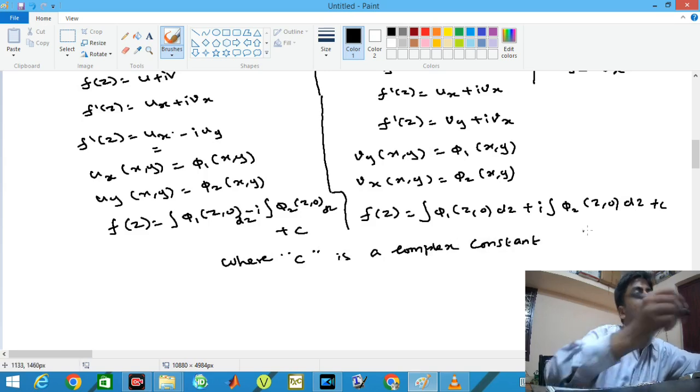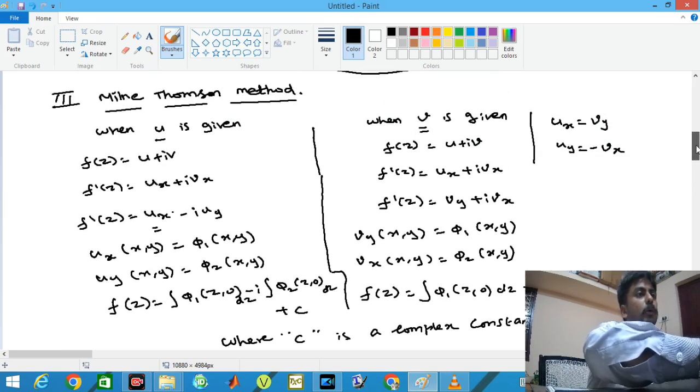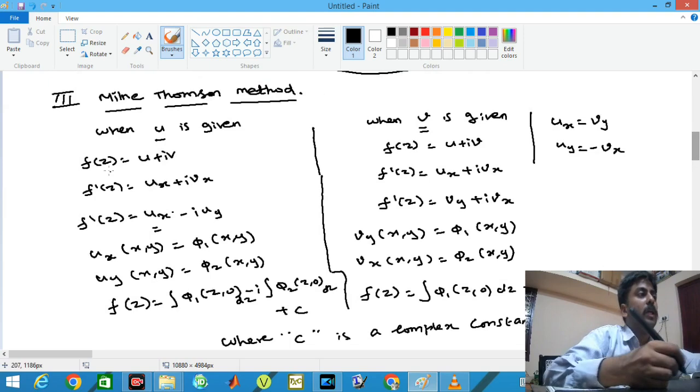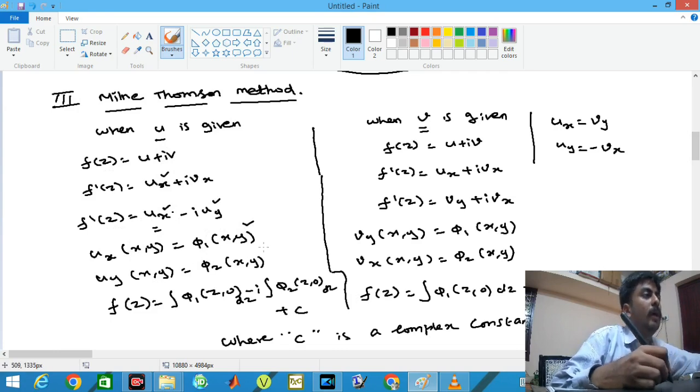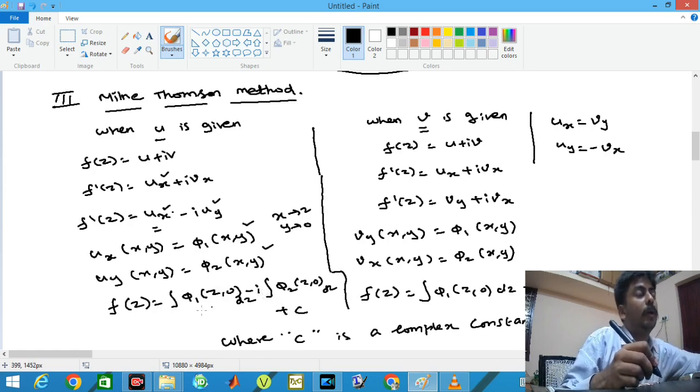So here you have to do very simple things. When u is given you have to find ux and uy, and after that substitute in this formula. Before that you have to know this ux is called phi 1 of x comma y, this uy is called phi 2 of x comma y. Replace x by z and y by 0 in either case, and substituting in this formula you will construct the function f of z.